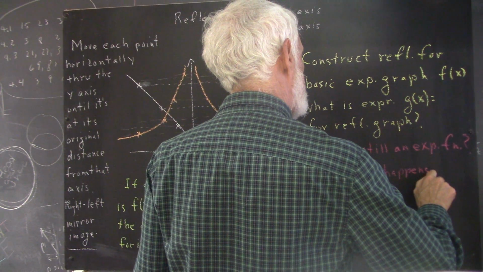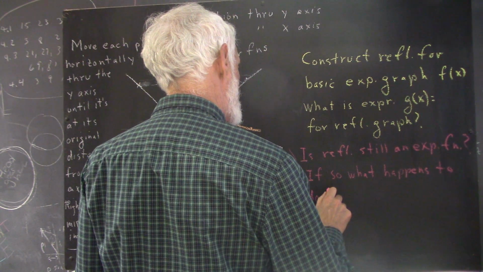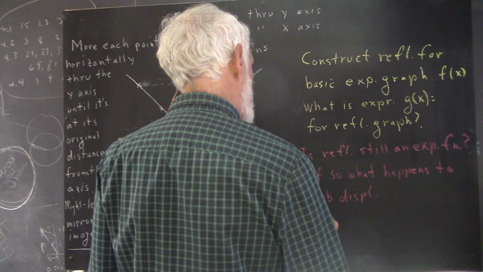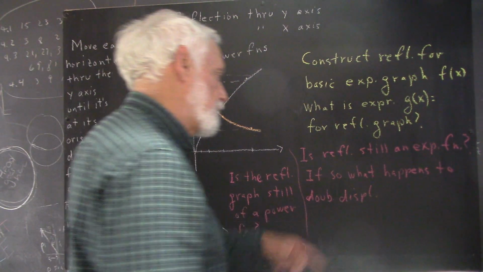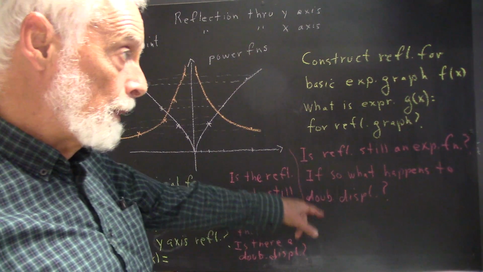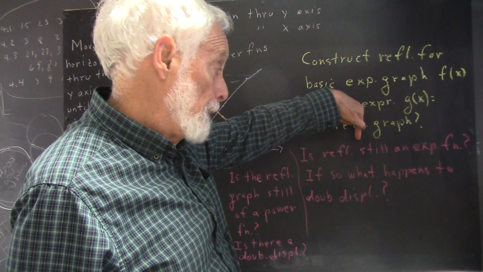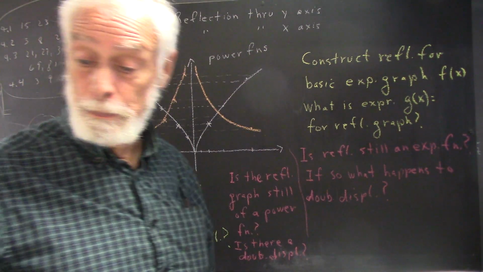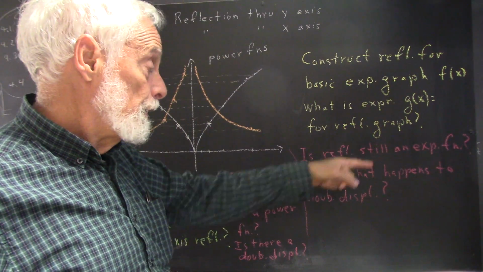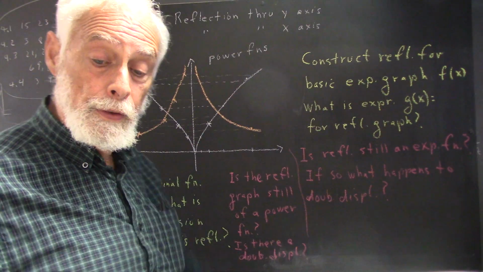If so, what happens to the doubling displacement? And of course, you can't answer this question if this isn't an exponential function. It's not a well-posed question, which is why I say if so. If it is an exponential function, how does its doubling displacement compare to that of the original function?